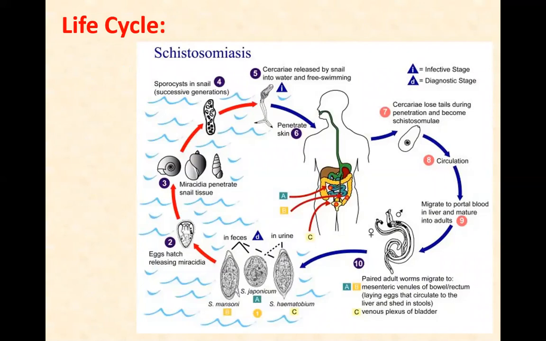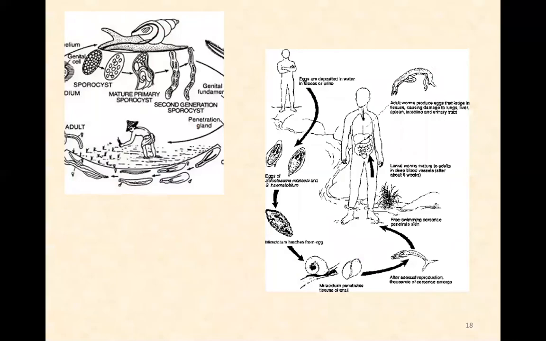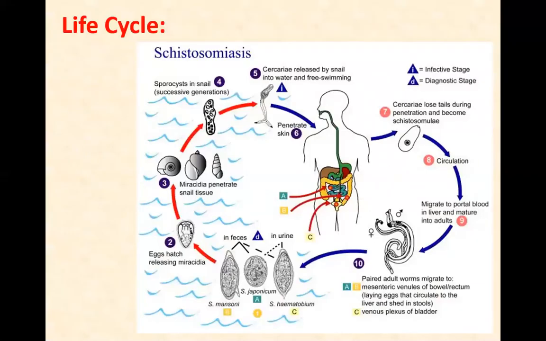About the life cycle of Schistosoma haematobium and other schistosomes, there are two parts in the life cycle. As Schistosoma haematobium resides in the vesical plexus, the female lays eggs, and eggs are passed in the urine.